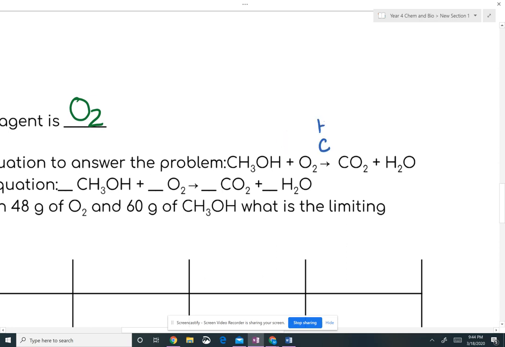I have C, I have H, and I have O, right? I have one C on both sides. I have 4 hydrogens on this side, 2 hydrogens on this side. I have 3 oxygens, and I have 3 oxygens. So the big thing that I have to balance out is my hydrogens.